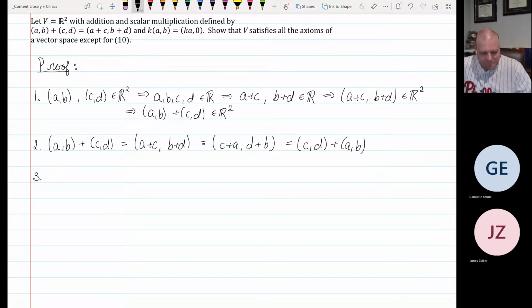Third axiom, we have to show associativity.